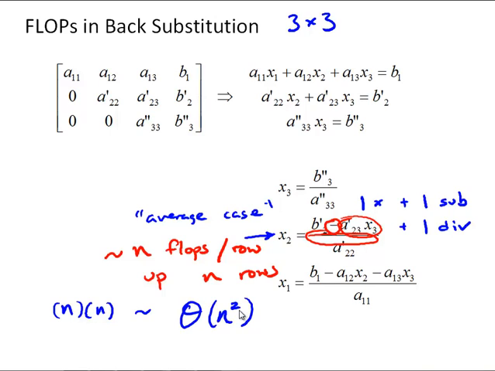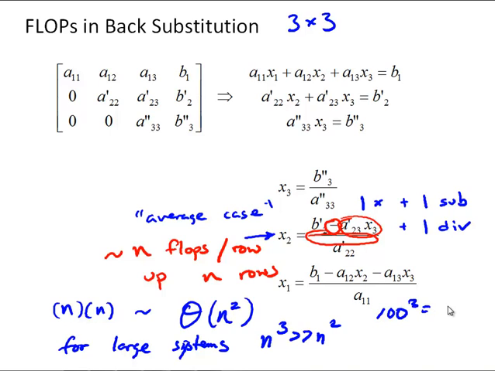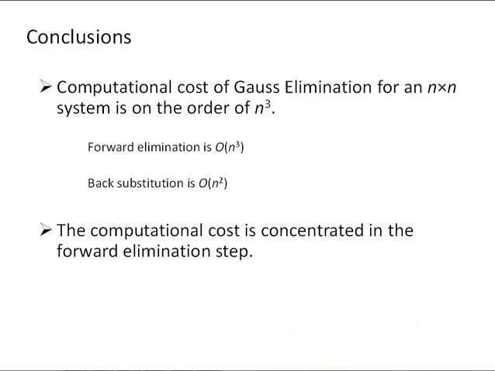And note, where these operation counts become significant is for large systems that are going to take significant computational time, and for large systems, n cubed is significantly greater than n squared. For example, 100 cubed is 100 times greater than 100 squared.